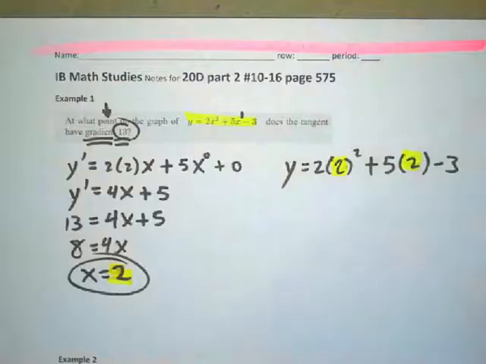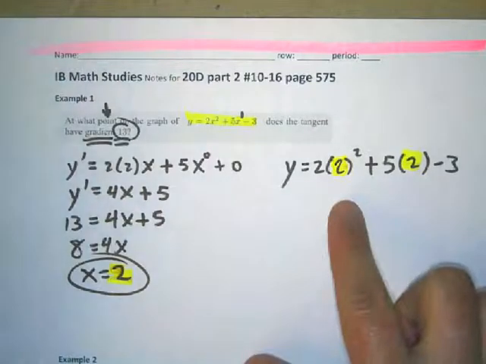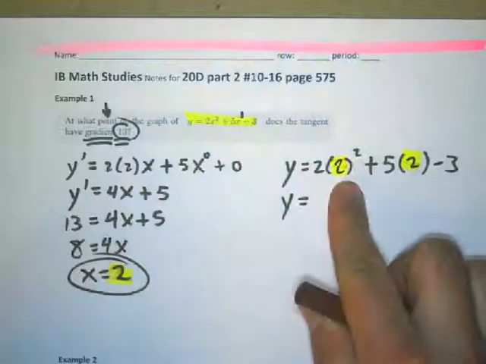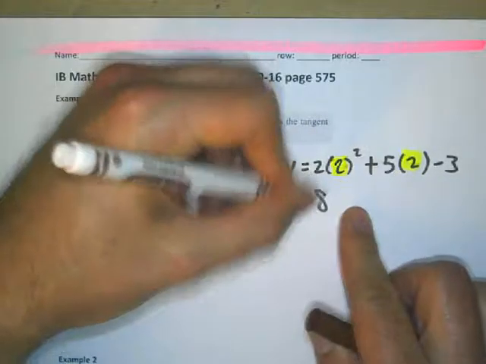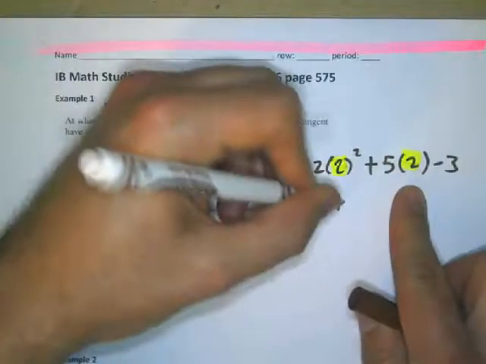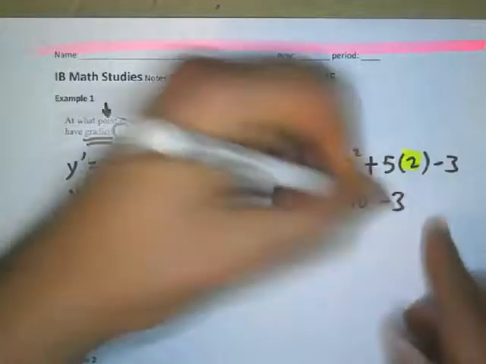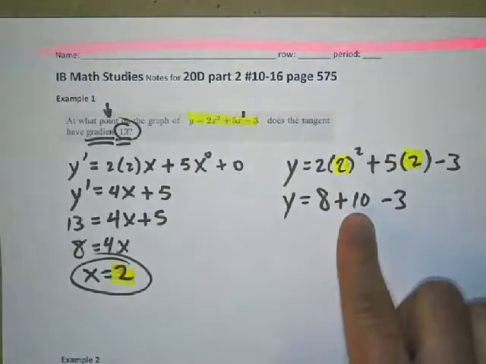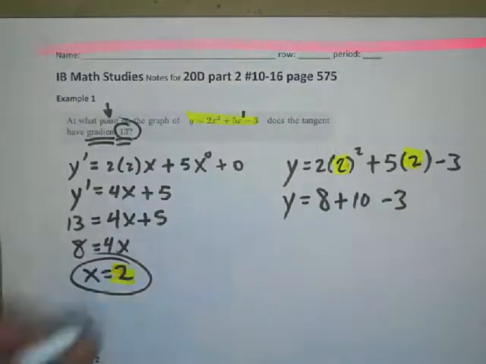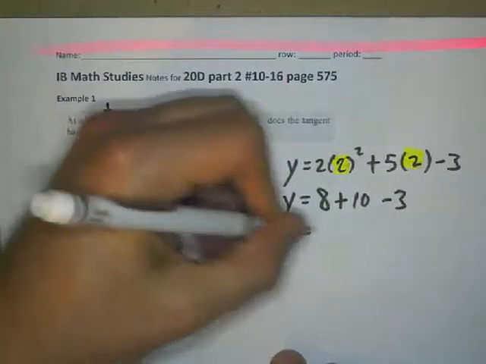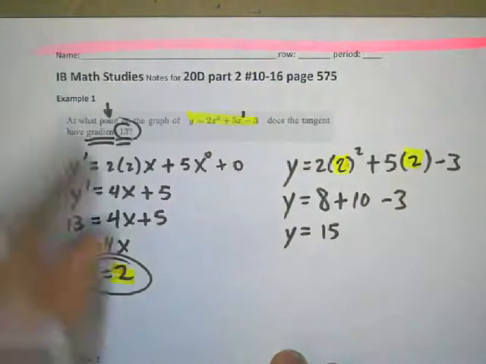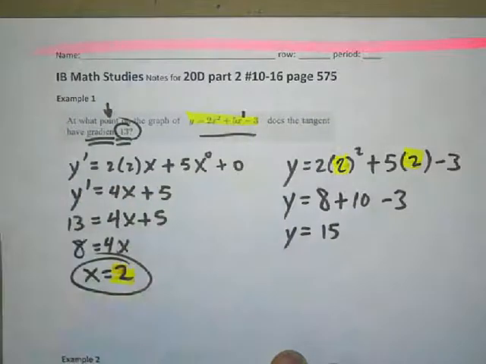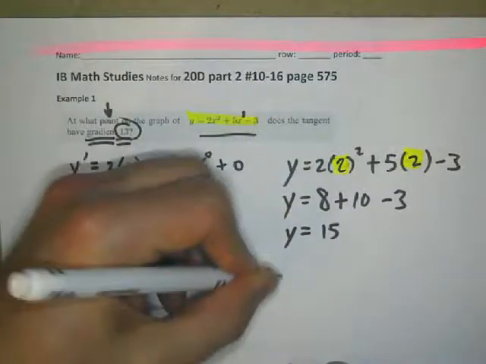Now I will get the y value. 2 squared is 4, and 4 times 2 is 8. 5 times 2 is 10, minus 3. So 8 plus 10 is 18, minus 3 gives me 15. So the point on the graph where this function has a slope of 13 is (2, 15).